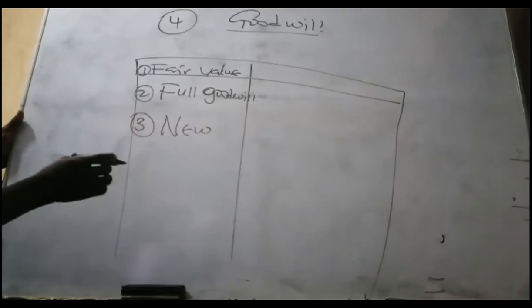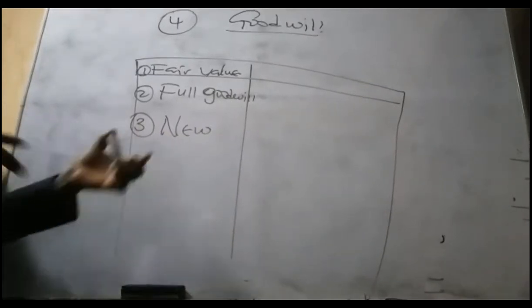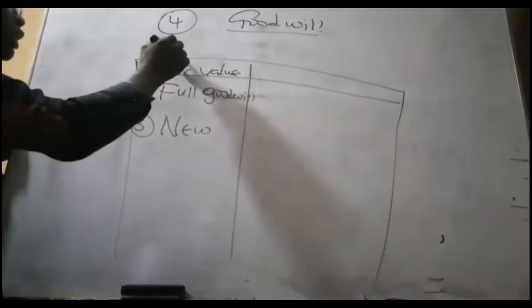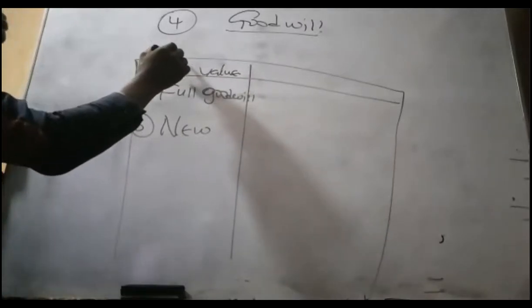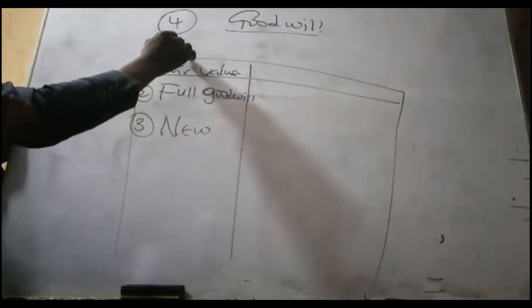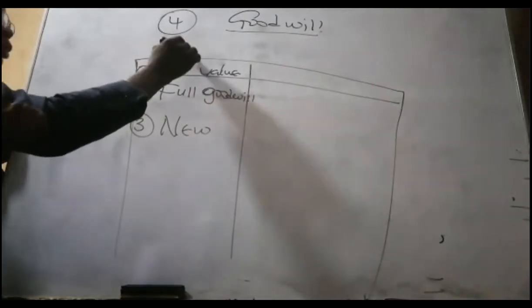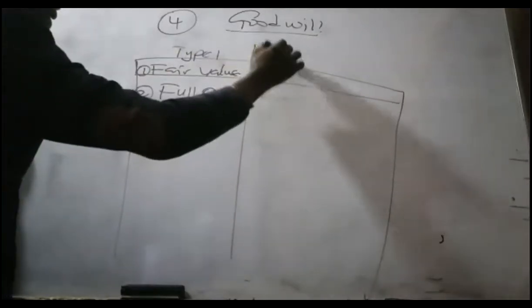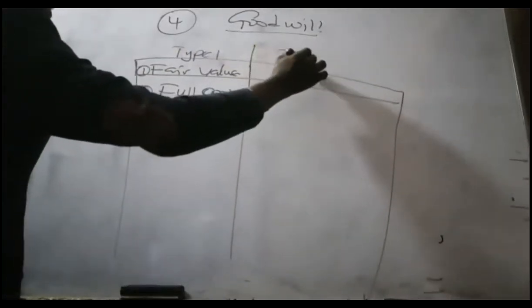I don't like the name because it was recently introduced after the revision of IFRS 3 Business Combinations. Good. So this is method 1, type 1, the fair value method. Then type 2, or method 2.